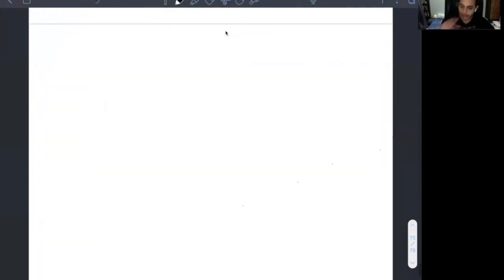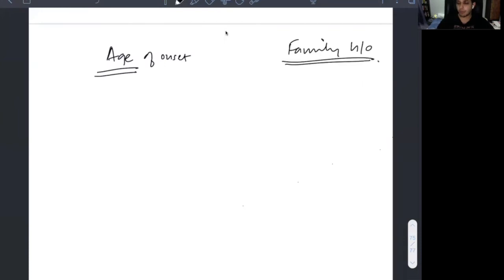Now, what are the other things that you will focus on when you're doing history and examination? One is the age of the patient, or age of onset of illness, and one is family history. Now, this is very important because a lot of hereditary myopathies follow either an autosomal dominant or an autosomal recessive or an X-linked pattern of involvement.